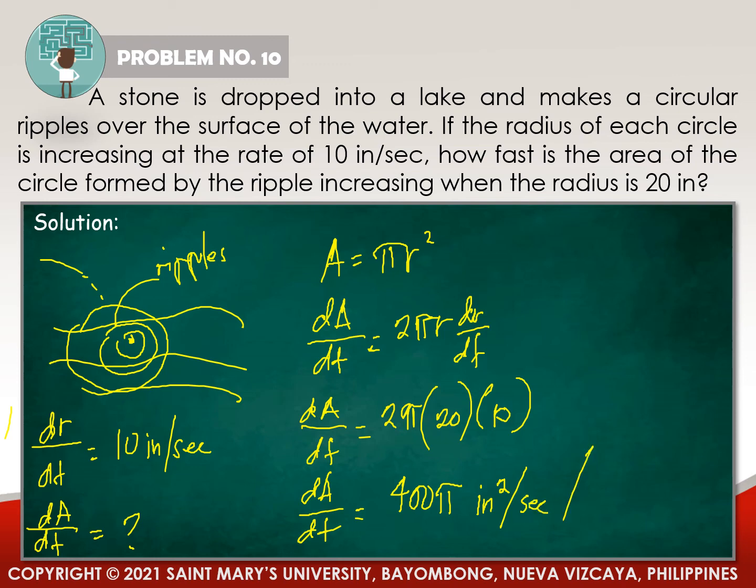Or in decimal, it is equal to 1,256.64 inches squared per second. Ayan, so yan yung ating sagot. 1,256.64 inches squared per second.